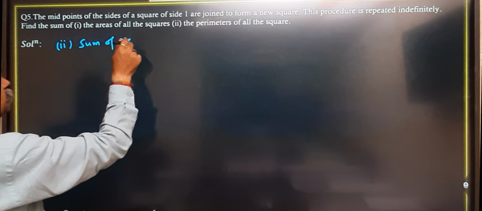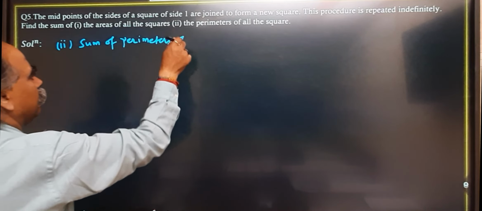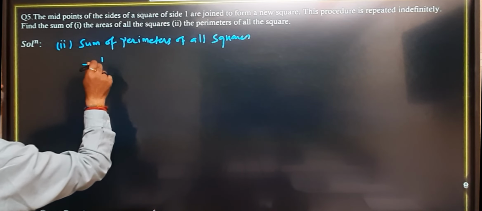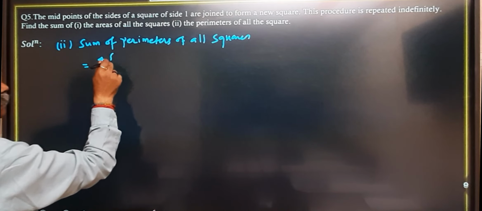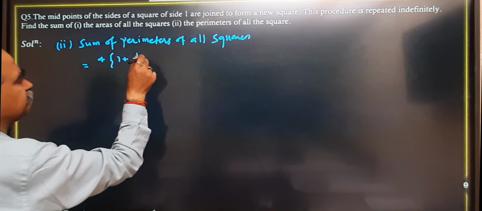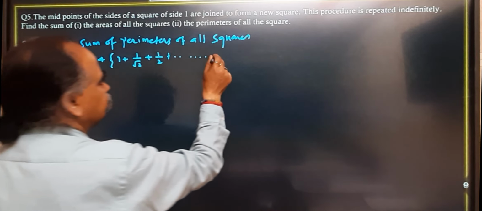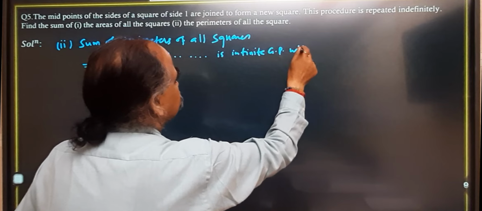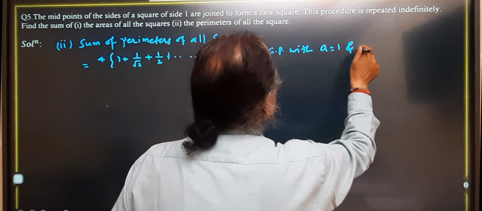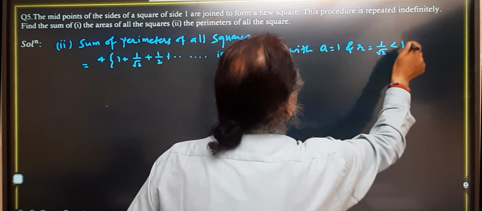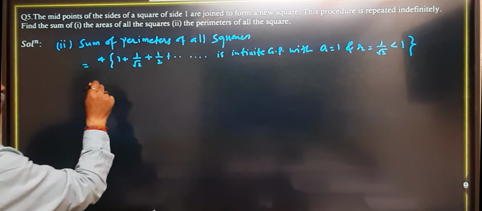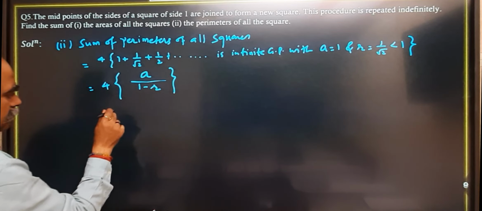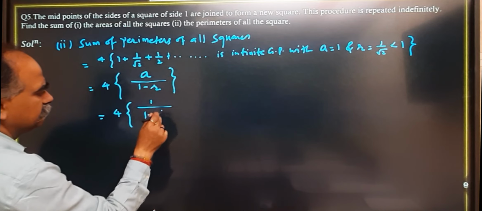Sum of perimeters of all such squares is equal to, first square was 1, 4 times 1 plus 1 by root 2 plus 1 by 2 plus so on is an infinite GP with A is equal to 1 and R is equal to 1 by root 2 less than 1, which will give you 4 into A upon 1 minus R, 4 into 1 upon 1 minus 1 by root 2.